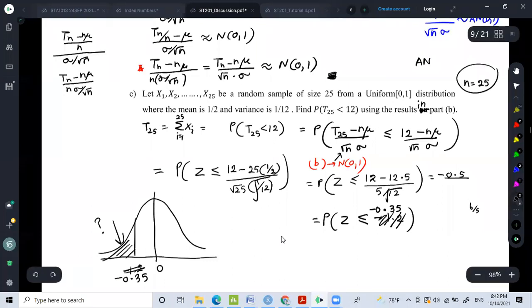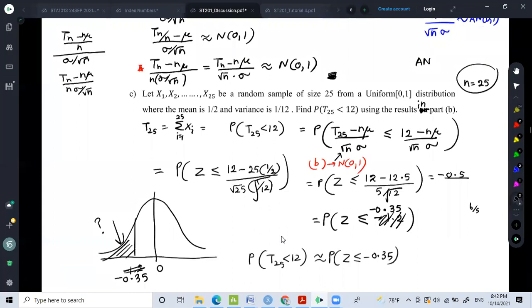So the probability that T25 is less than 12, it's better to write T25 less than 12 is approximately Z less than or equal to this point. This is the correct way to write it. Why? This is approximate because this is approximately normal. So what you get is an approximation for that probability.